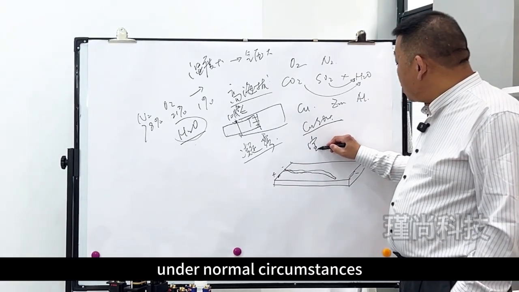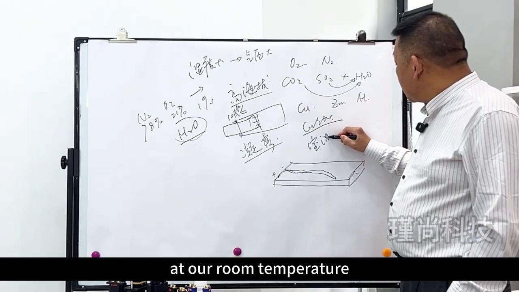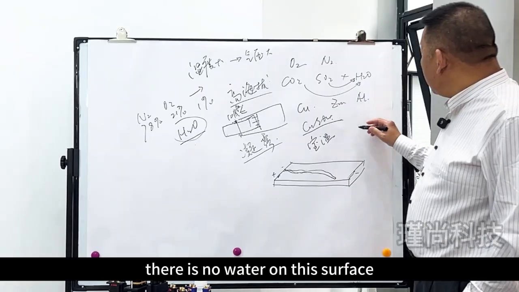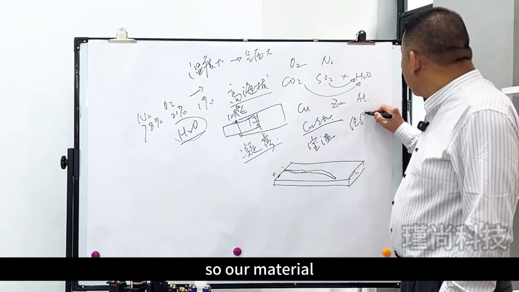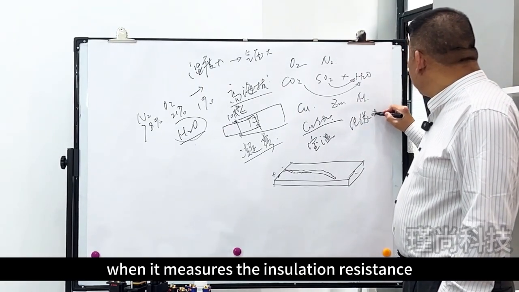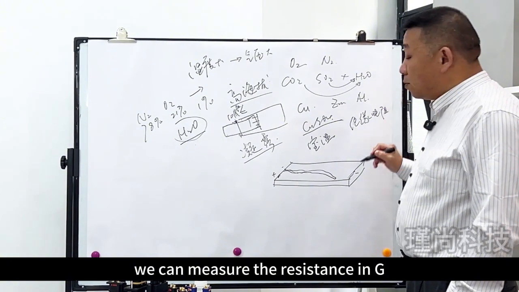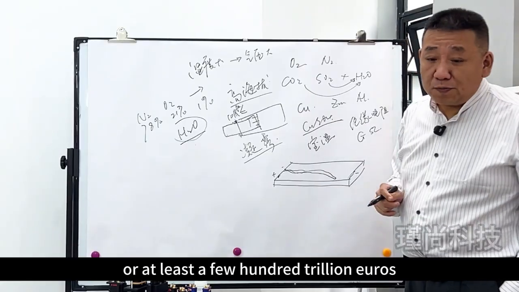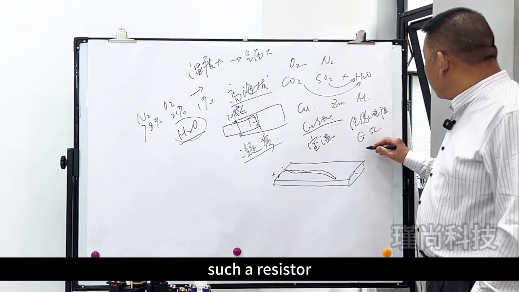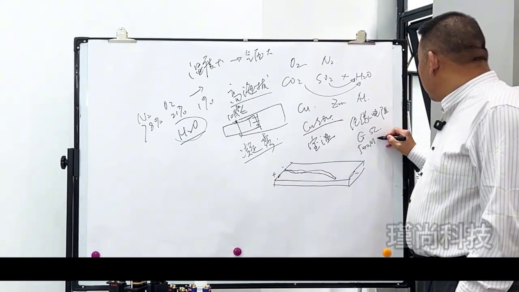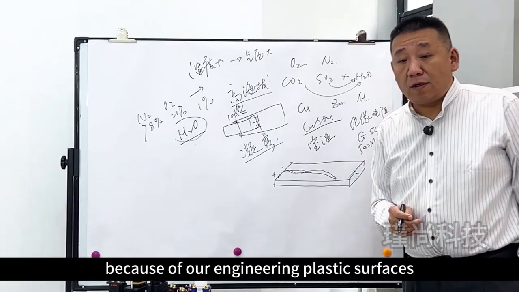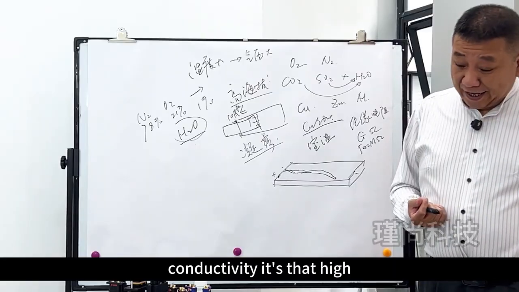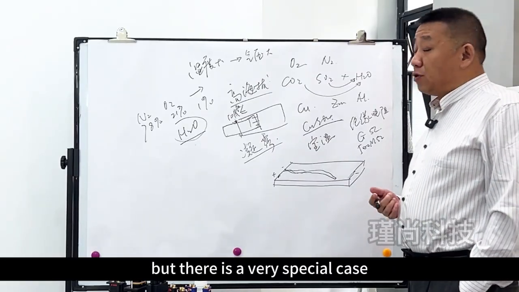Under normal circumstances, at room temperature, there is no water on this surface. So when our material's insulation resistance is measured, we can measure a resistance in gigaohms, or at least a few hundred teraohms. Such a resistance is normal, because the conductivity of our engineering plastic surface is that low. But there is a very special case.